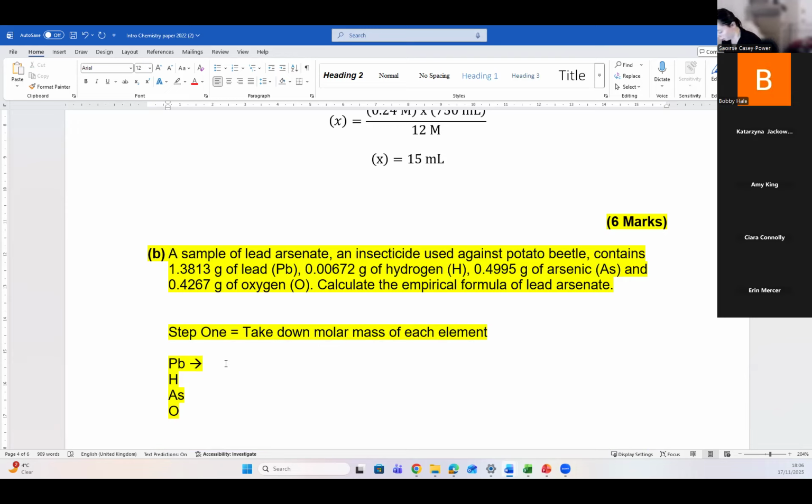Your lead then has an atomic mass of 207 grams per mole. You'll find that from your periodic table.